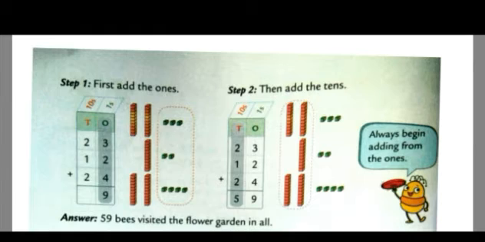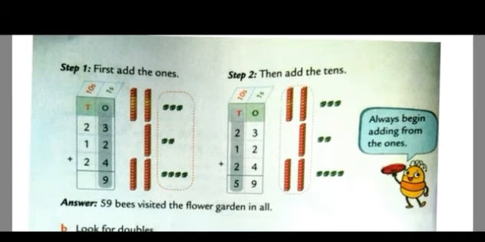Always remember, you should always begin the adding from the ones. So, before starting the addition, see the red boxes and the green boxes. The red boxes which you can see denote tens, and the green boxes which you can see denote ones. So, we will start the addition from the ones.